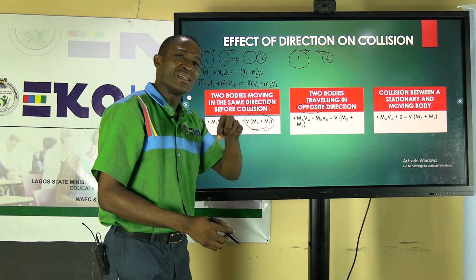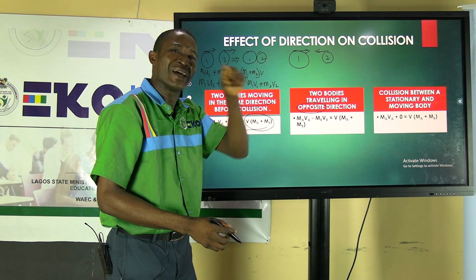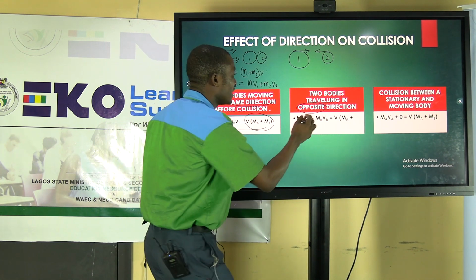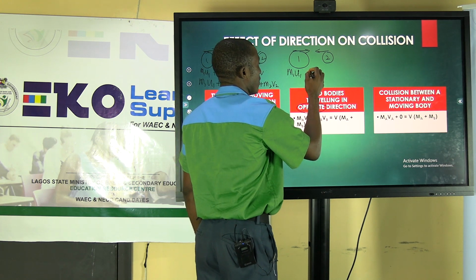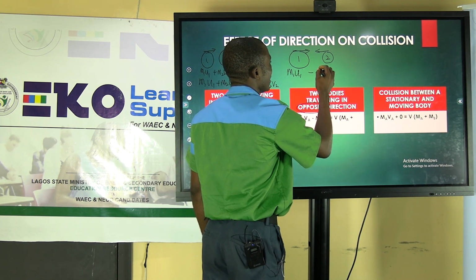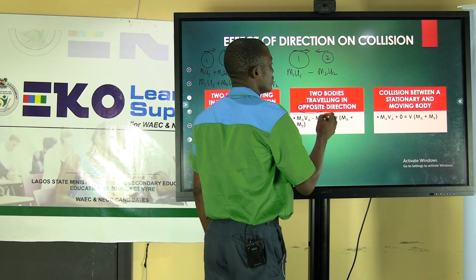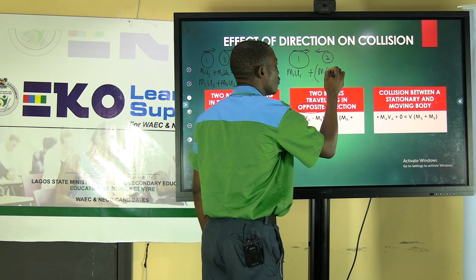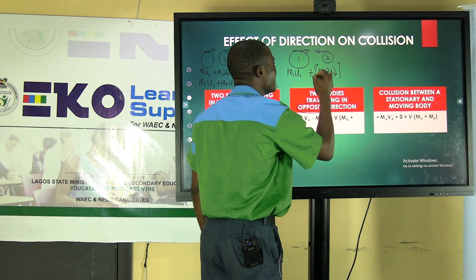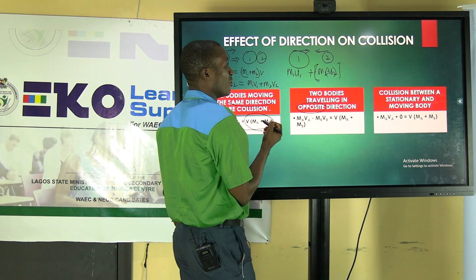Remember that velocity is a vector quantity, a function of magnitude and direction. Good. So in that case, this is going to be m1 u1 minus m2 u2. Why? It's supposed to be plus, but this value here will be minus because it's negating the direction of 1.